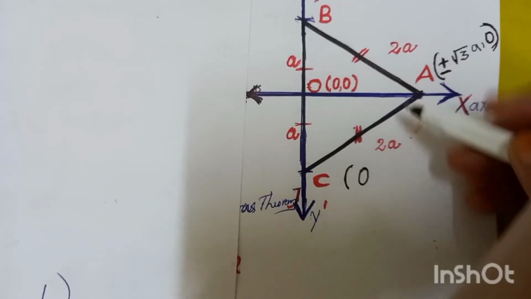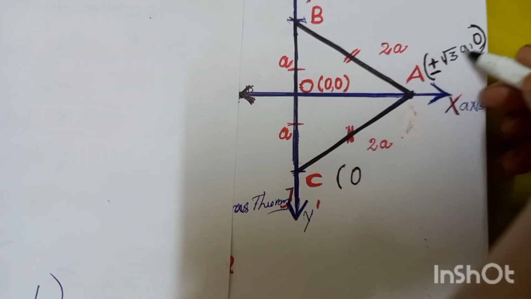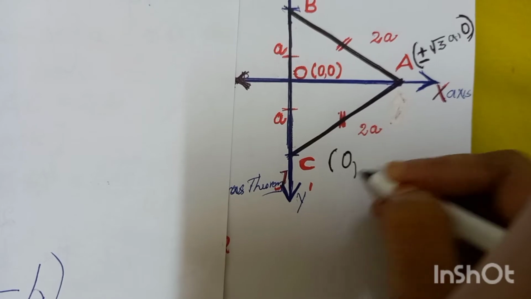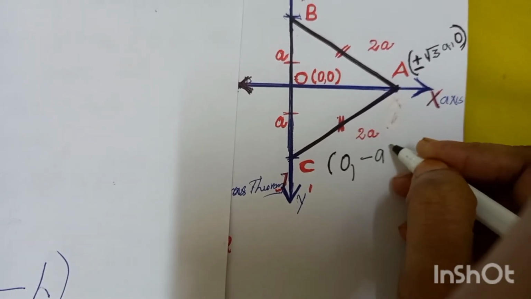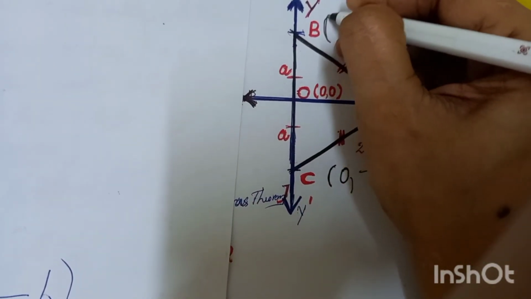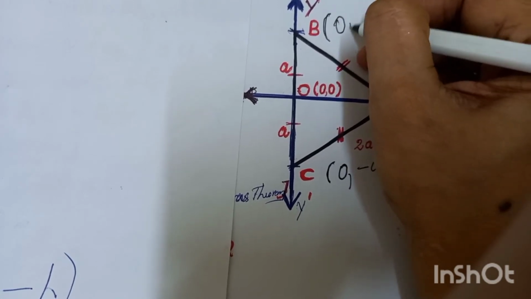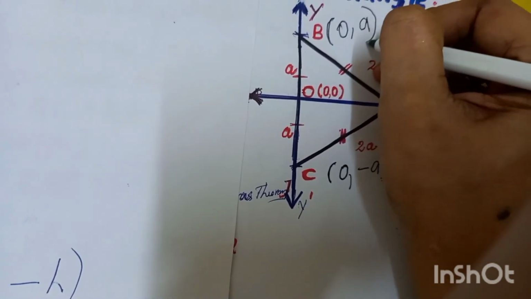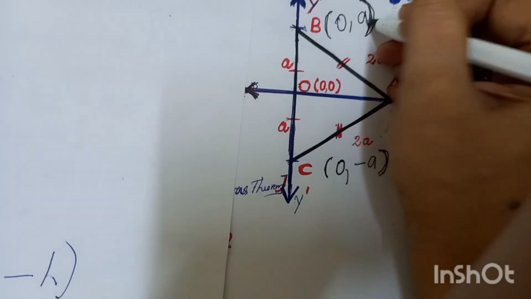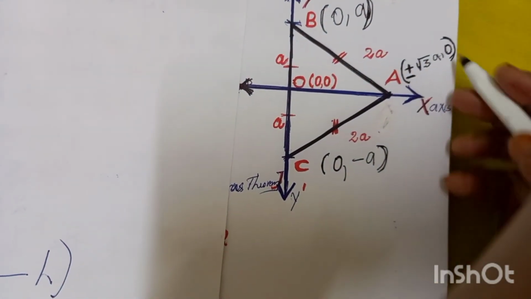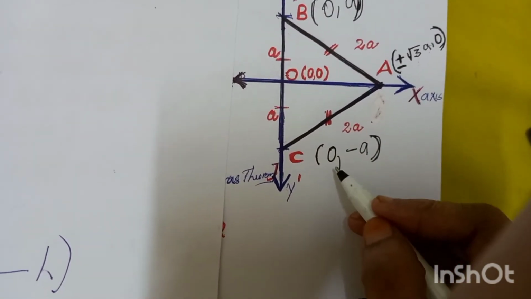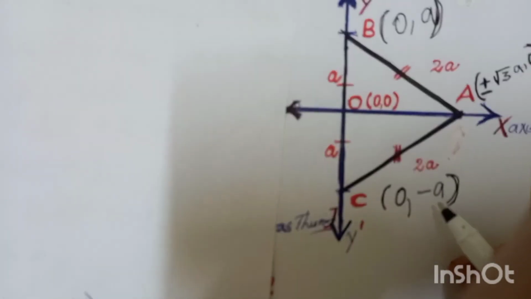Write the coordinates: A (plus or minus root 3 a, 0), B (0, a), and C (0, minus a).